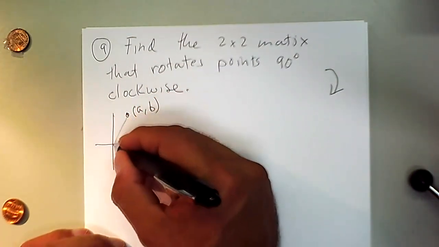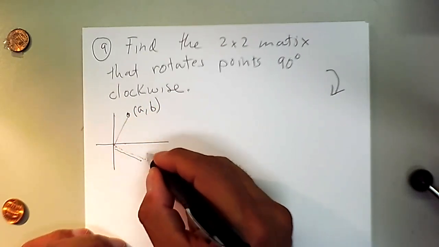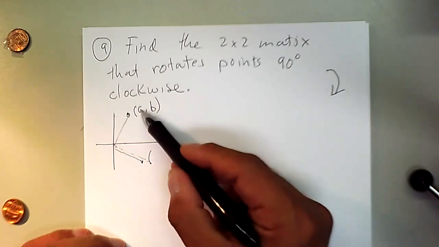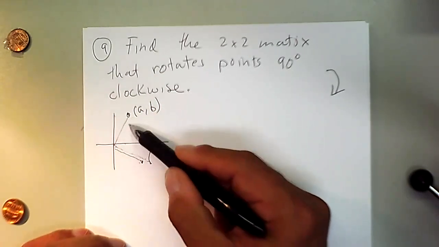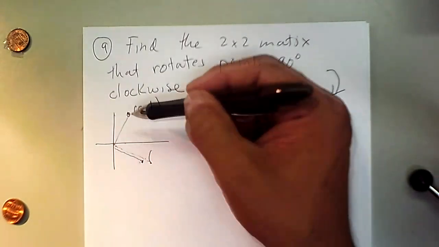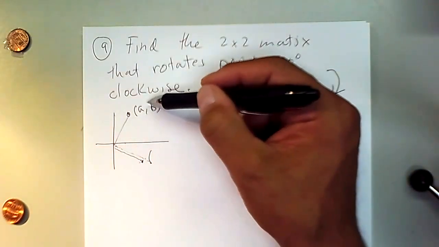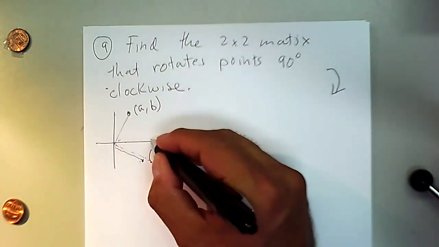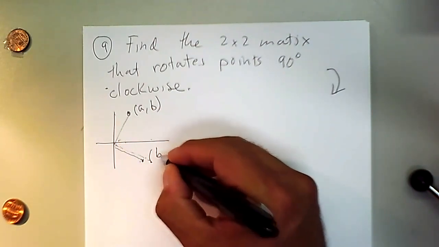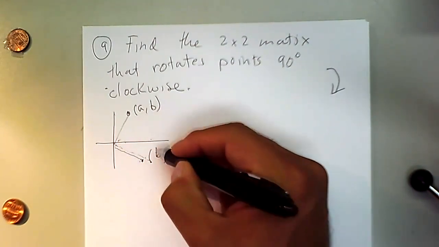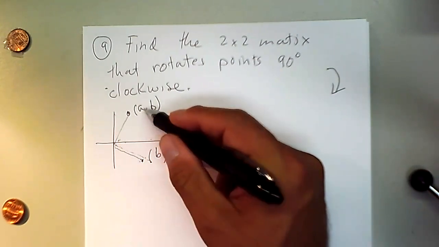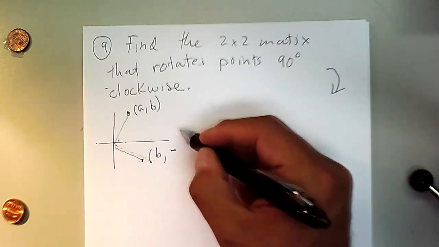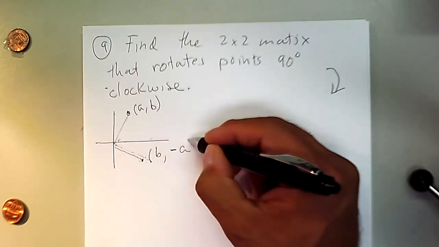Let's see, so 90 degrees would have to be, now let's think about this. If there's 90 degrees between those two, that means that the dot product has to be 0. And so perhaps if we go B and then negative A, if we did the dot product of those two, we'll have AB, and so we have to subtract AB, but we already have A for the dot product, so that will do it.